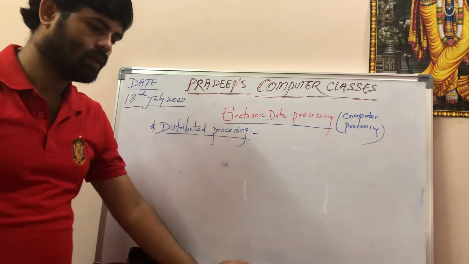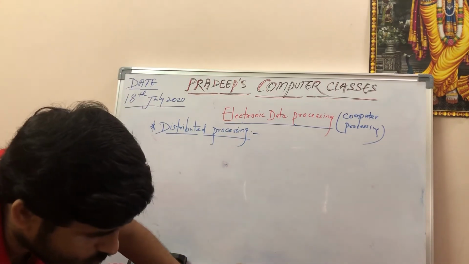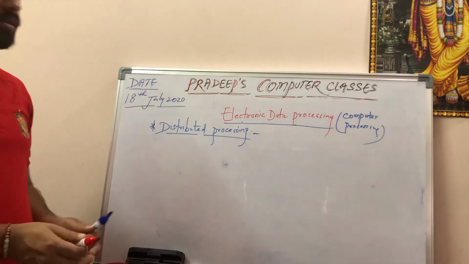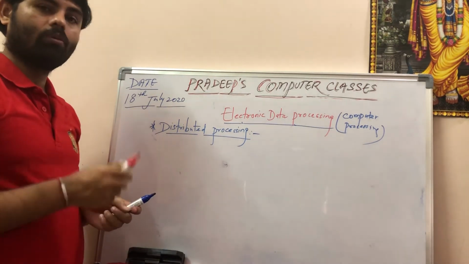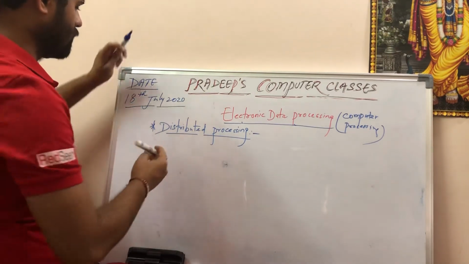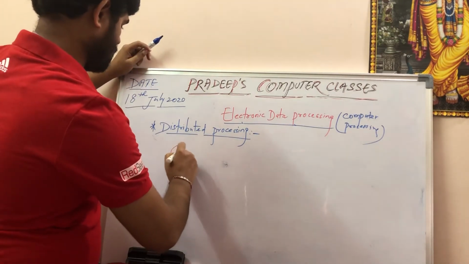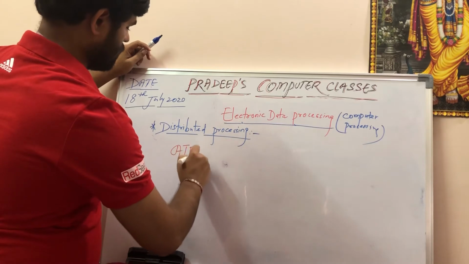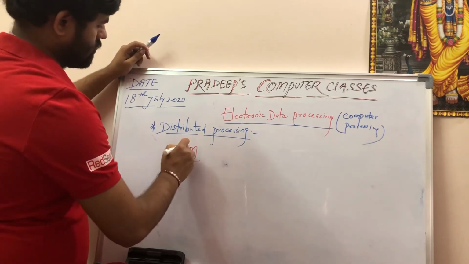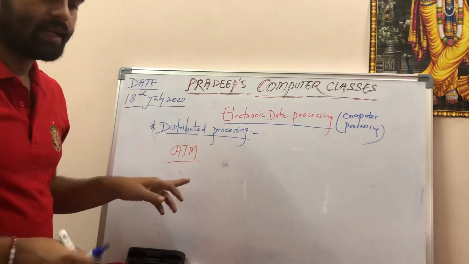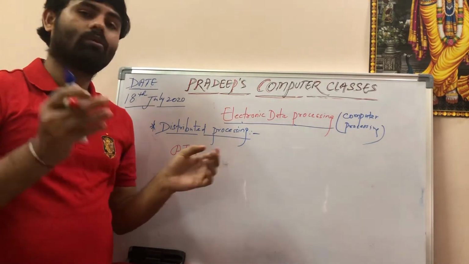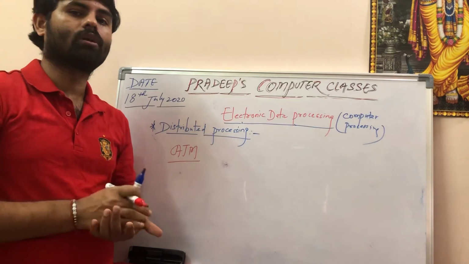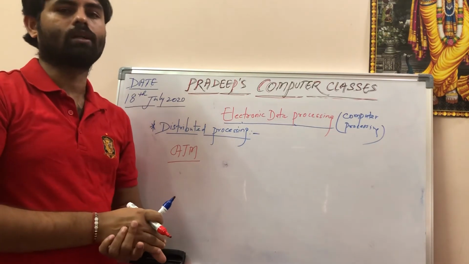You can think of one thing. If you talk about the ATM, I'm talking about ATMs. You can see that ATMs are at many places. In one particular location, say in Guwahati, you can find 2 or 3 ATMs.